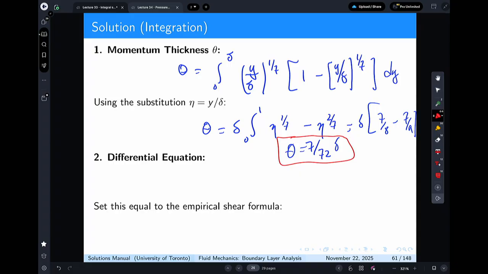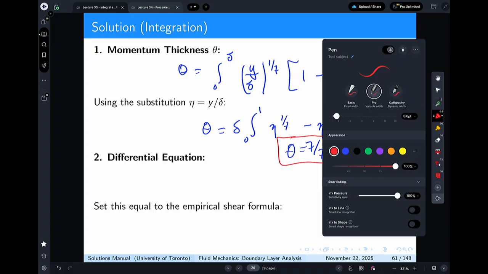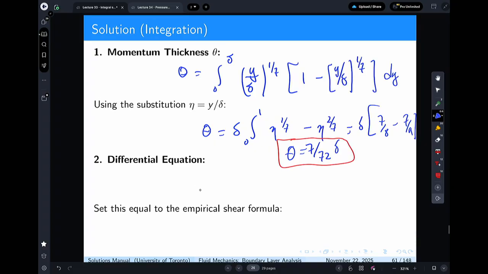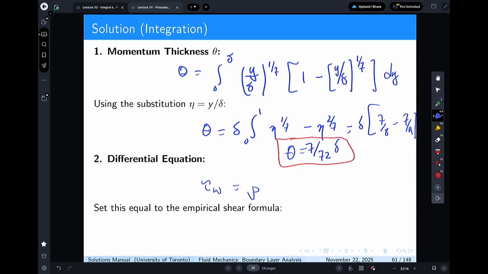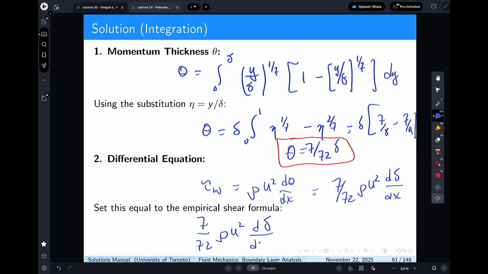Second slide. And if you just substitute the expression, you end up with that.